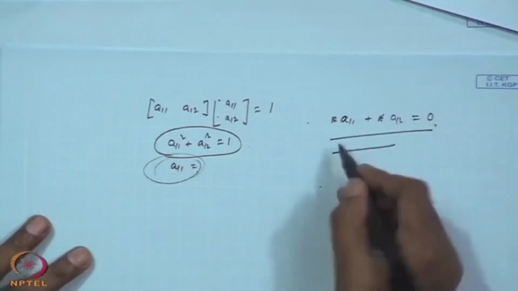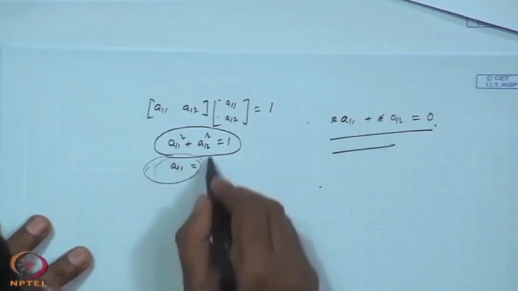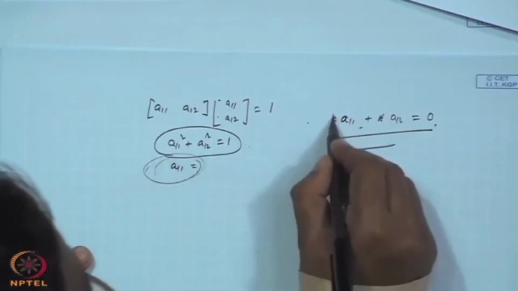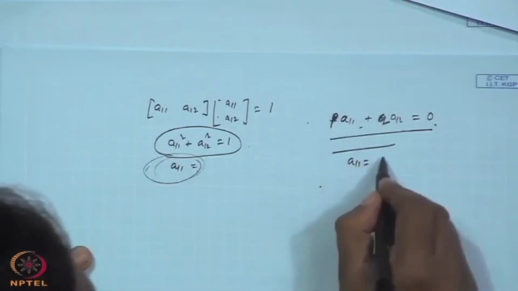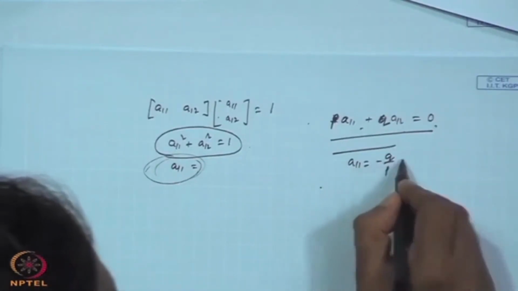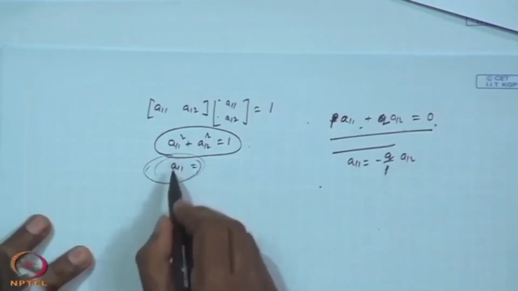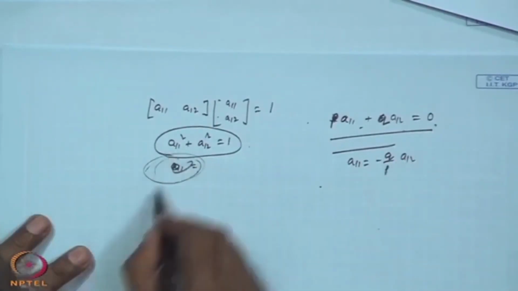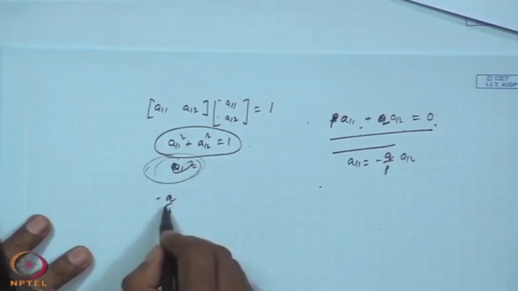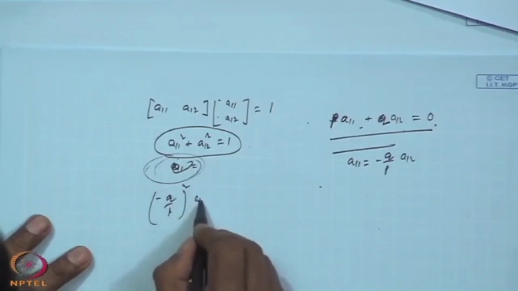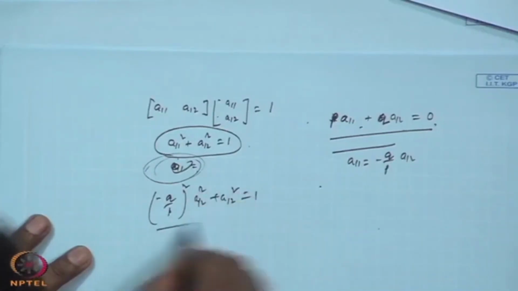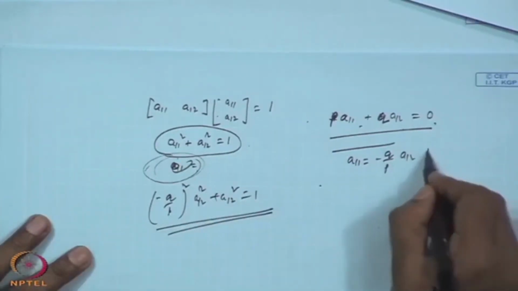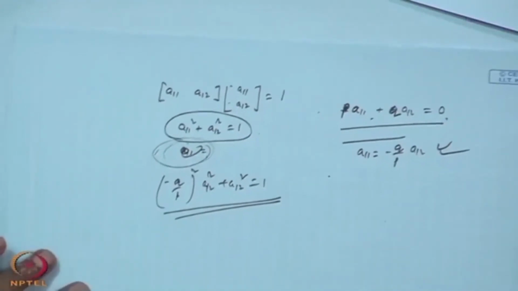Suppose this is your P and this is your Q, then A11 equals minus Q by P into A12. Here you put, instead of A11, minus Q by P into A12, whole square, plus A12 square equal to 1. You will be getting A12, and putting it here you will be getting A11.